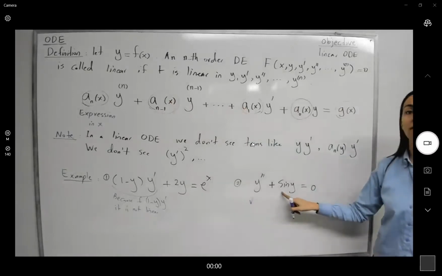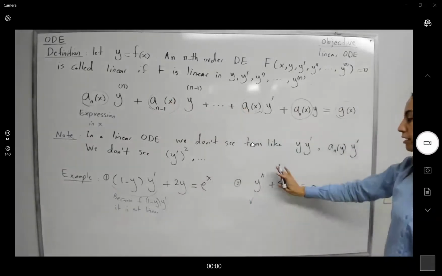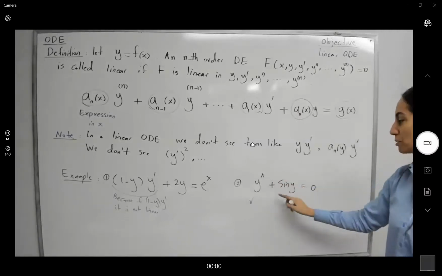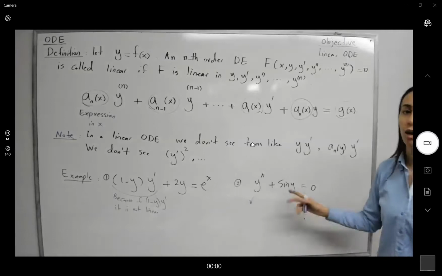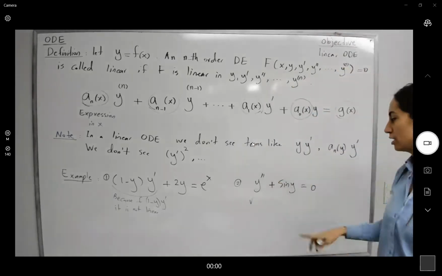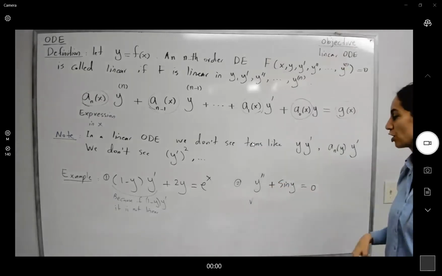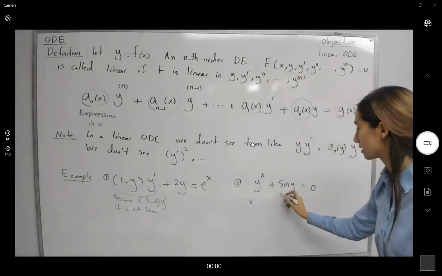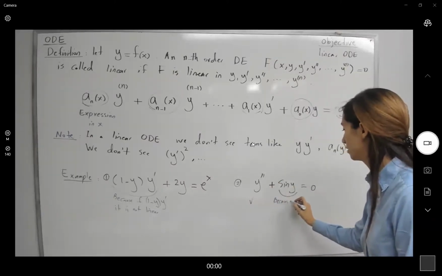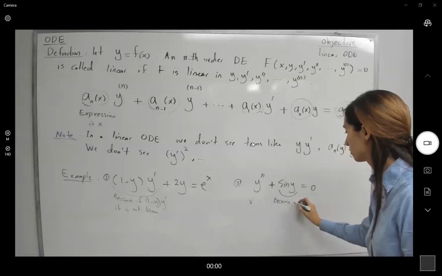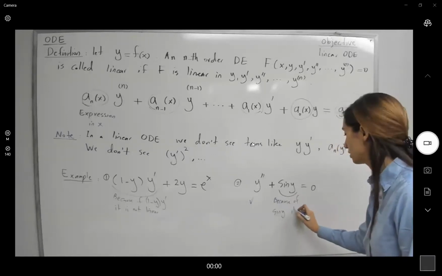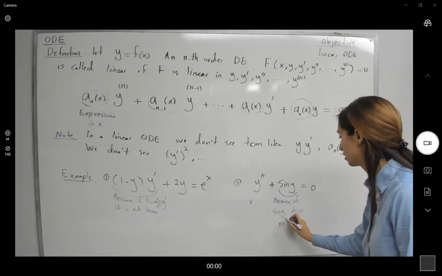But here I have sine of y. If it was just y, I'm good with that. But because of sine of y, cosine of y, e to the y, a function of y, then its composition of y, this is a red flag. Because of sine y, it is not linear.